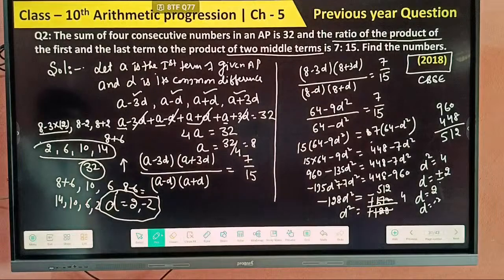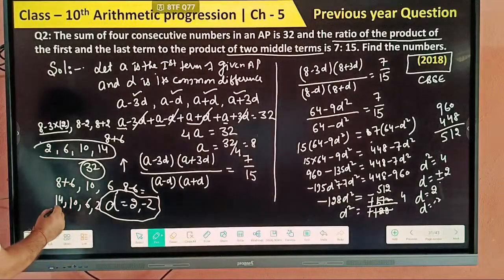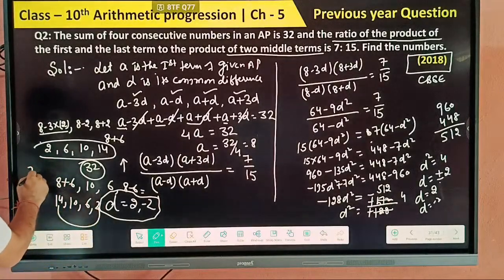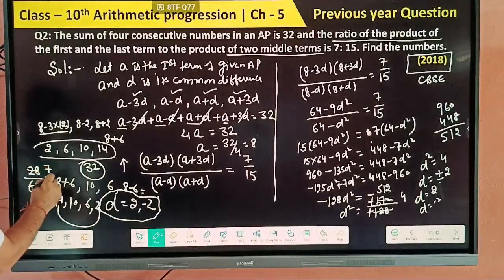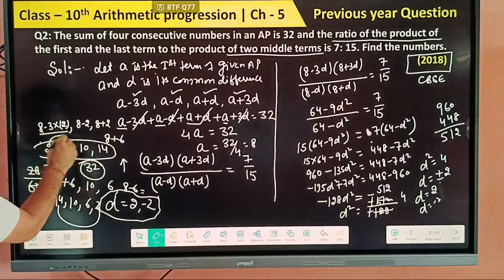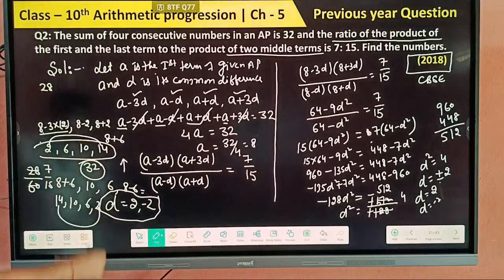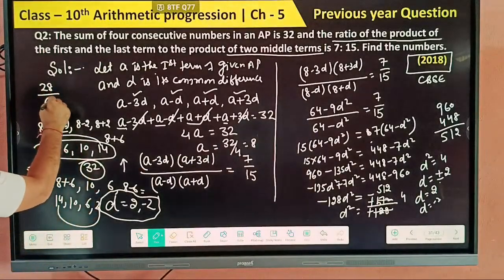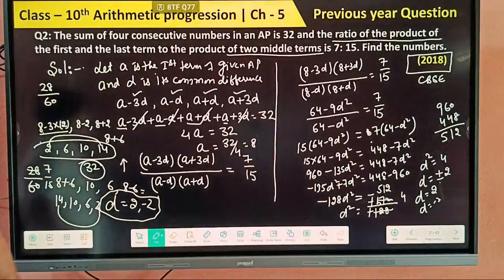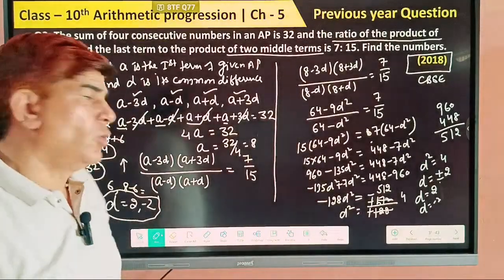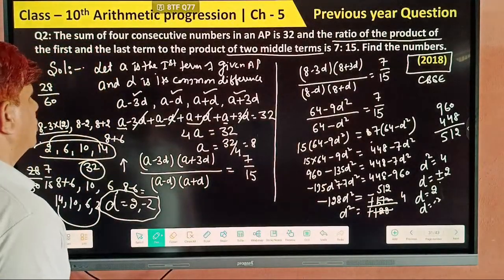Understood? What's the sum of the product of the first and fourth? This is 28, and this is again 60. But if you check here, this is 28 and this is 60. So d equals 2 or d equals minus 2.